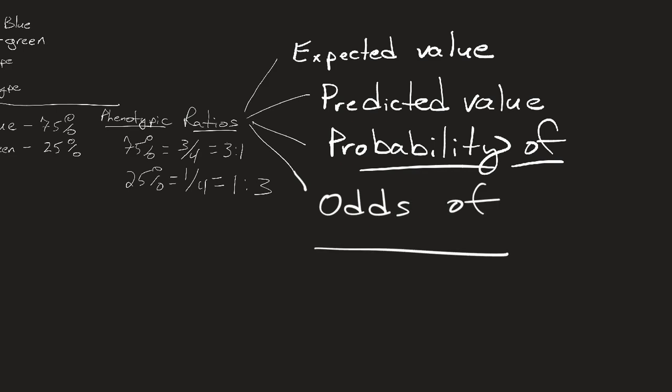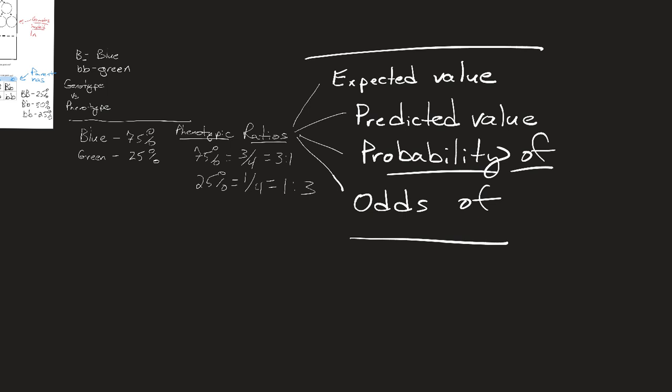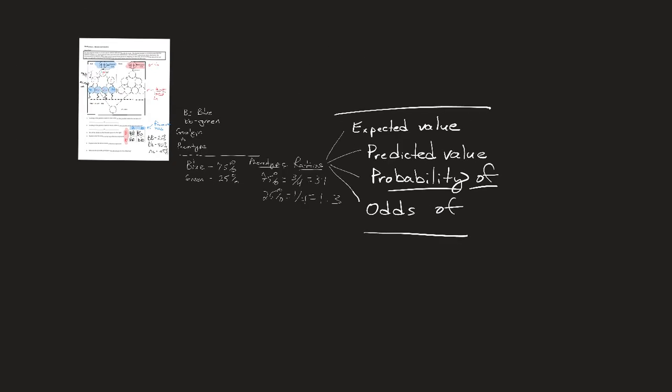But these are different ways that different people write the same concept. The phenotypic ratios give you all that for the phenotype, and of course you can do the same thing with genotype, right? Expected genotypic ratios, expected genotypic values, or whatever. Are we all good with that?